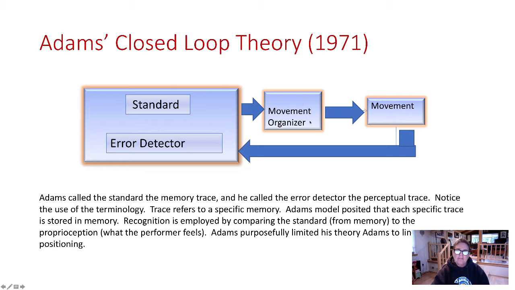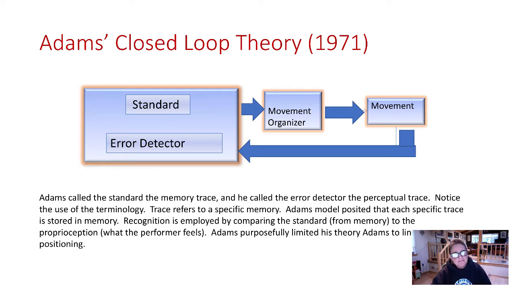And then based upon that arrangement, movement takes place. And whenever we move, we get feedback back into the system. Proprioception is actually stimuli that comes back into the system. Adams refers to that information as the error detector.